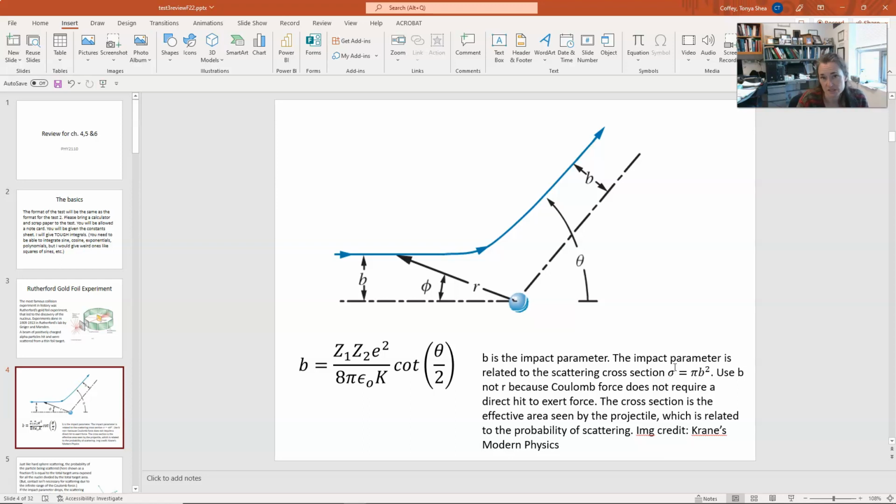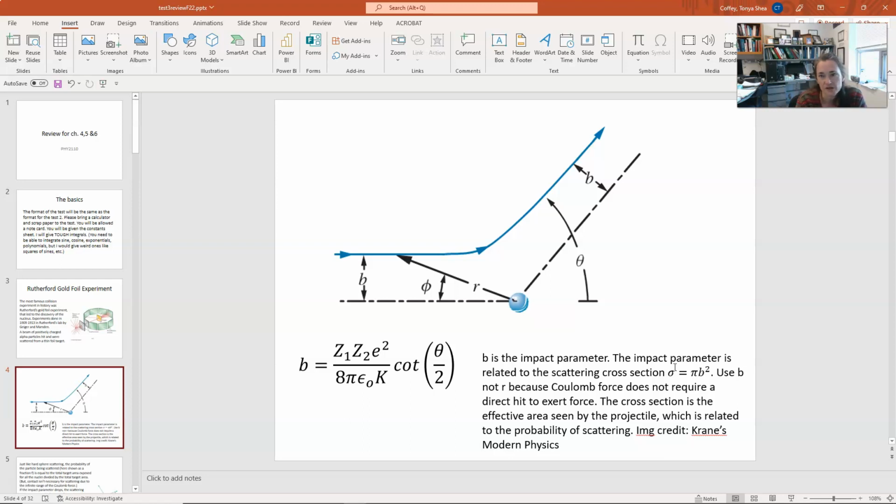Okay, so to define all these things, Z1 times e and Z2 times e are the charge in coulombs of the incident particle, like the alpha particle, that would be Z1 times e, and the charge of the nucleus, which would be, say, Z2 times e. Z1 and Z2 are the atomic number, or the number of protons, in those two objects. e is the charge on an electron, which in coulombs would be 1.602 times 10 to the minus 19 coulombs.